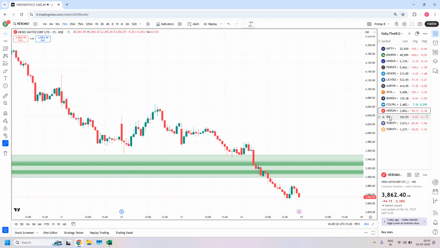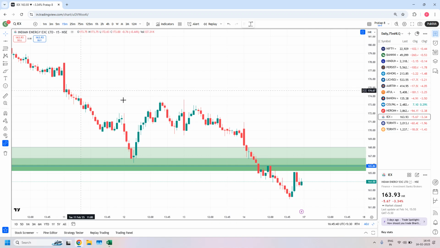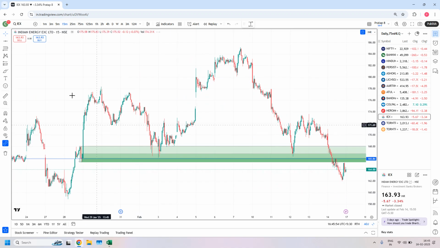So let's go to the IEX. This is a 75 minutes high liquidity zone. We have a rally, 2 base candles and a rally. This 75 minute zone is fine-tuned with the 15 minutes time frame.